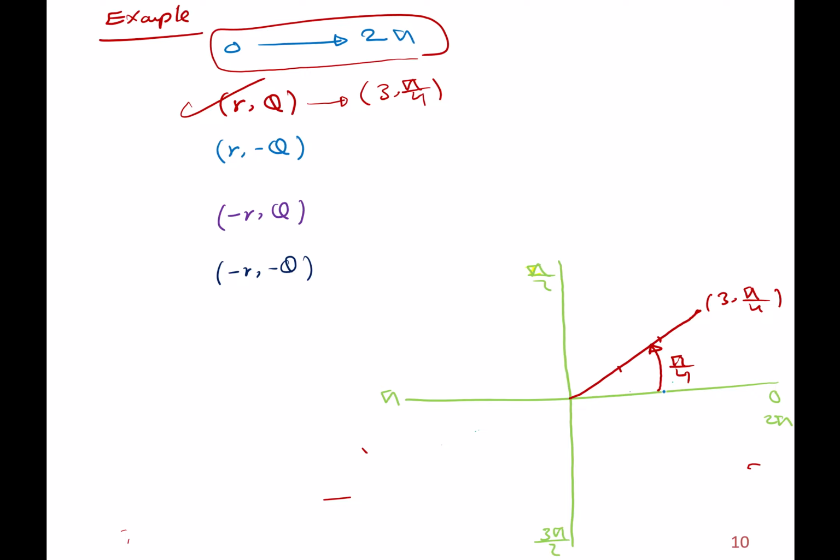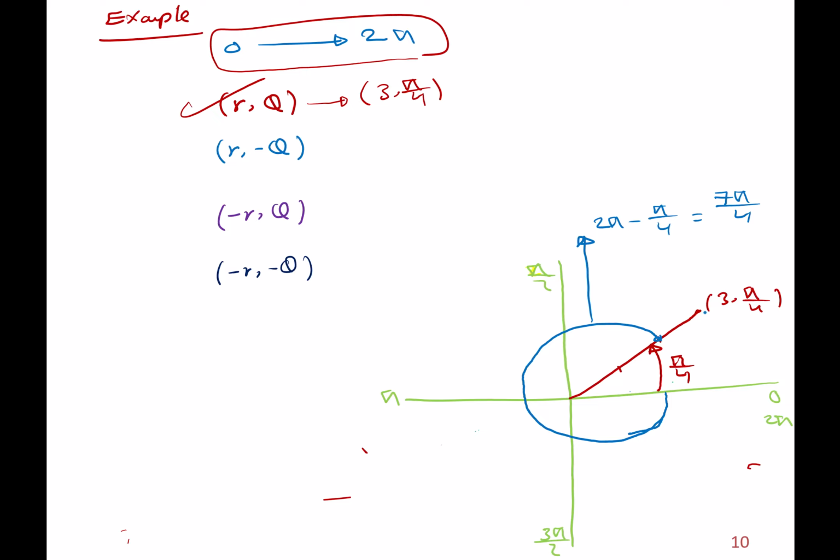Because it is a minus angle, we will draw it clockwise, and you will go to the same point, which is this angle equal to 2 pi minus pi over 4, which is 7 pi divided by 4, and r is positive.